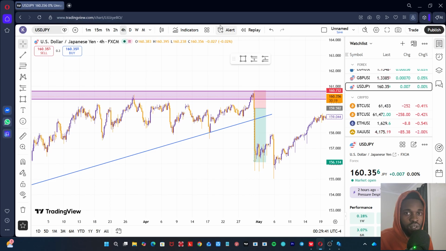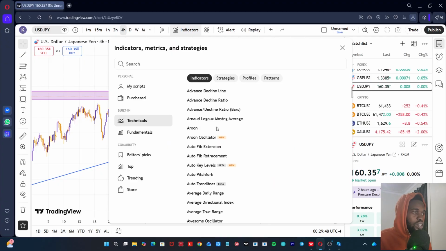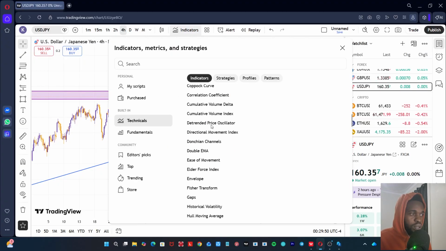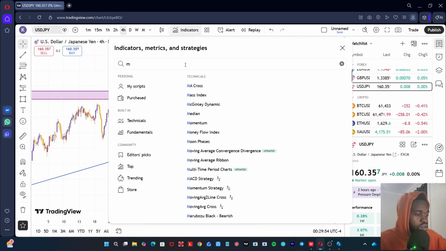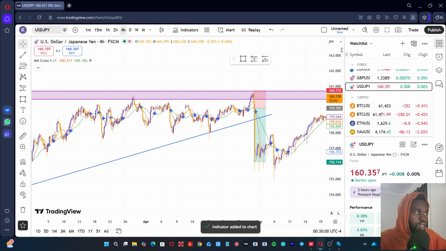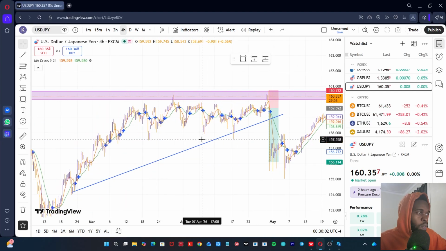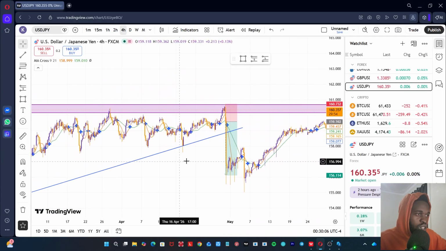So if you want to add any indicator, you can actually see we have many of them here. We can put a moving average. You just put MA, and as you can see, it's been added to the chart. And here we shall not go that deep into it.